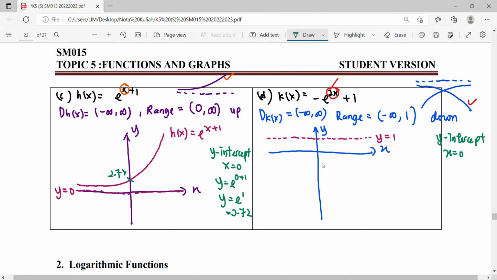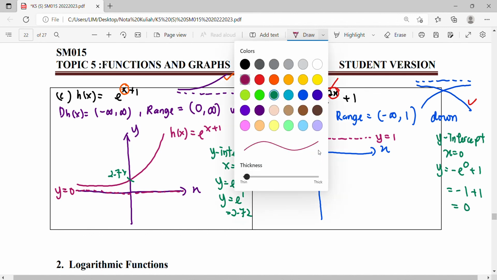When x equals 0, substitute into our function, e to the power of 0 plus 1. So substitute here. e to the power of 0 is 1, so negative 1 plus 1 is 0. So it will automatically intercept at the origin.